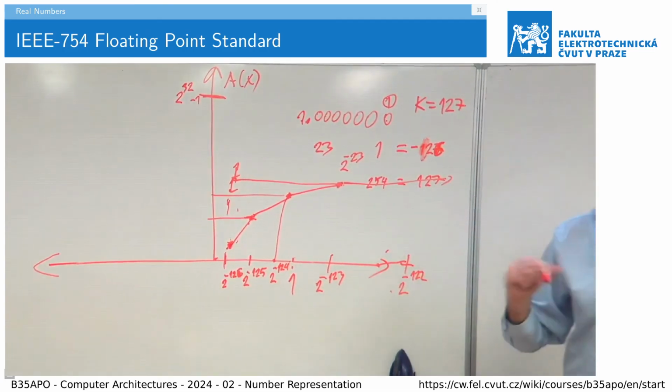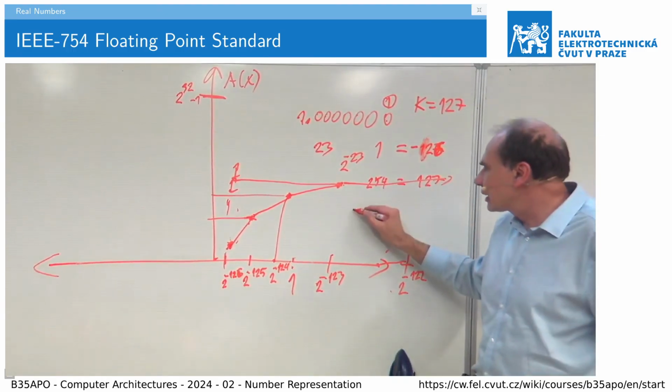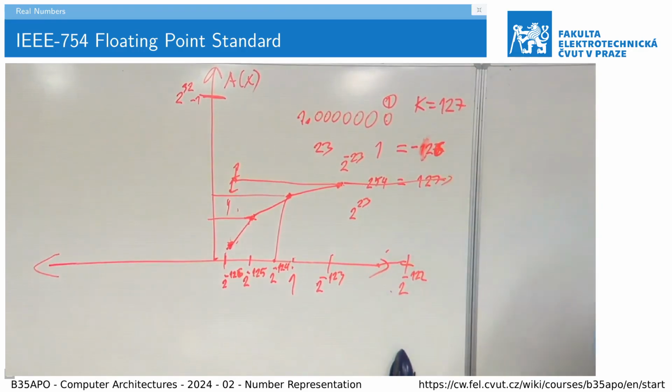So the relative resolution is 2 power 23. So basically we know that the step at which we move on this axis is 8 million times smaller than the absolute value.